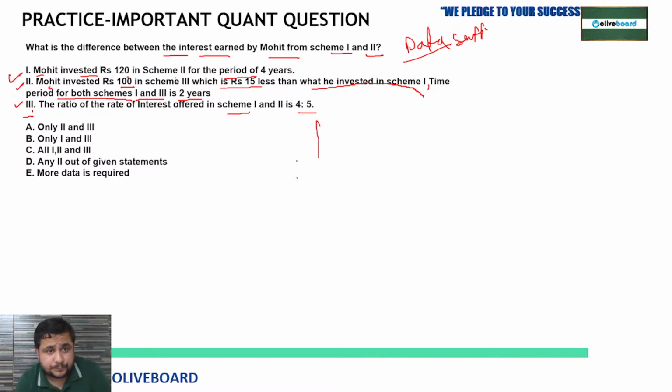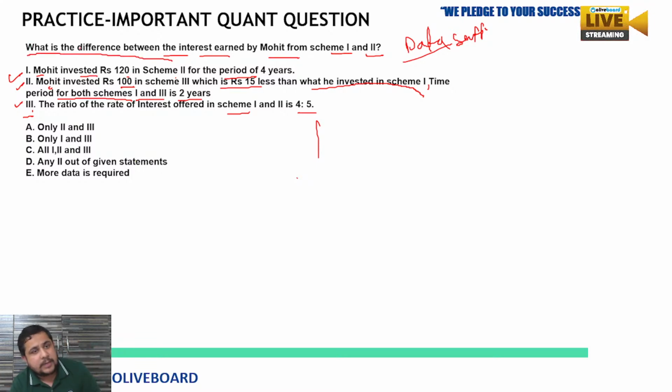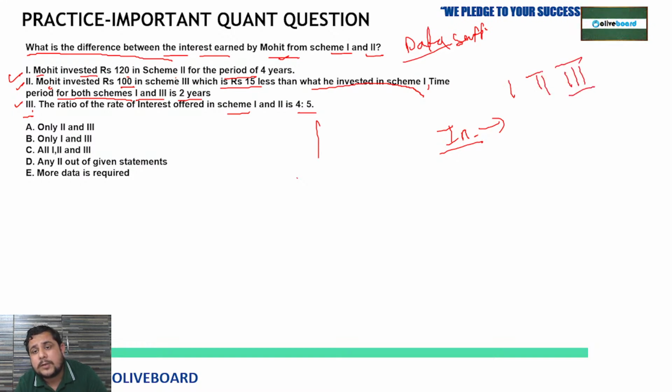So now what approach must you use to solve these questions? First of all, you need to check what you need to determine. What is the difference between interest earned by Mohit from scheme 1 and 2? So they are talking about the interest. There are three schemes, 1, 2 and 3, and they are talking about the difference of first and second, the interest difference.